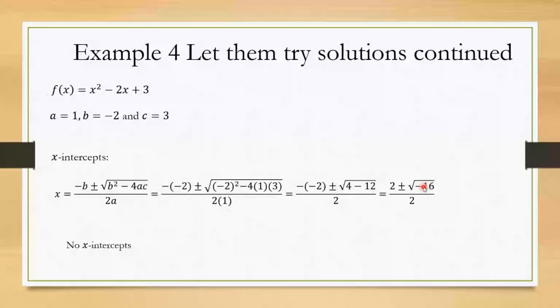Because of this, the square root of a negative is not a real number. There's no x-intercepts. So what does that tell us? That tells us the graph of this is never going to cross the x-axis. It's never going to touch it. It's either going to stay entirely above or entirely below the x-axis.